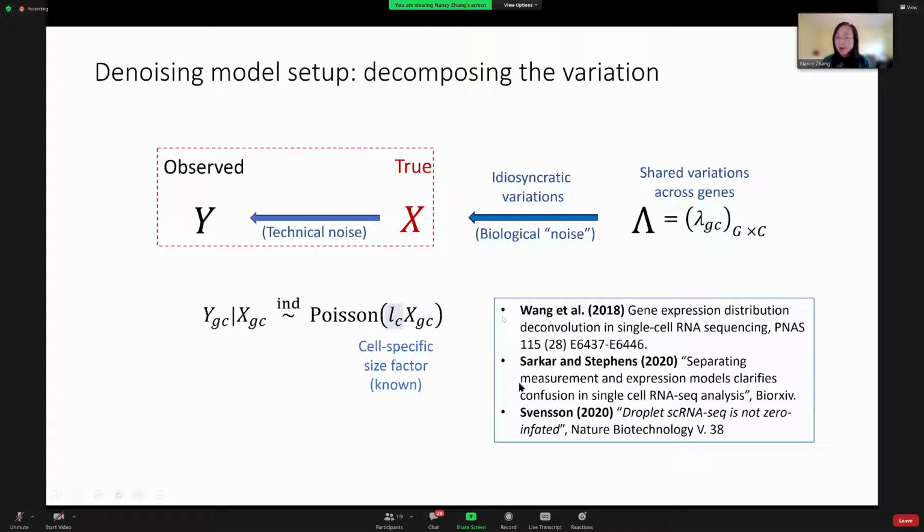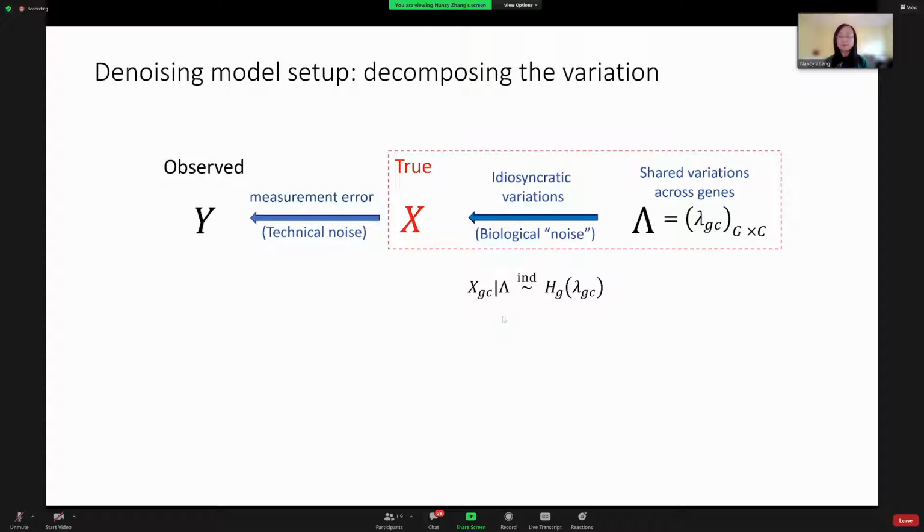There have been quite a number of studies, and I think the consensus among many of them is that a Poisson model is good enough for most of what we want to do. So we're going to assume a Poisson model where each cell has its own library size, size factor, multiplied to the X_gc, and Y given X_gc is Poisson(l_c X_gc). We're going to assume that.